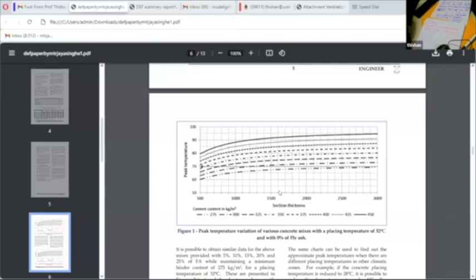The moment you know the cement content and the size of the member, you can decide the placing temperature, or when you know the placing temperature, you can decide the size of the member. This chart is for 32 placing, but if you reduce the placing temperature by adding water to the aggregate heap the previous day and then using 40% flaky ice, you can easily reduce the placing temperature to about 26 degrees.